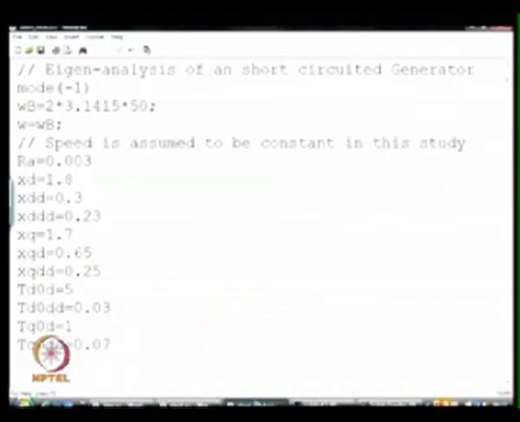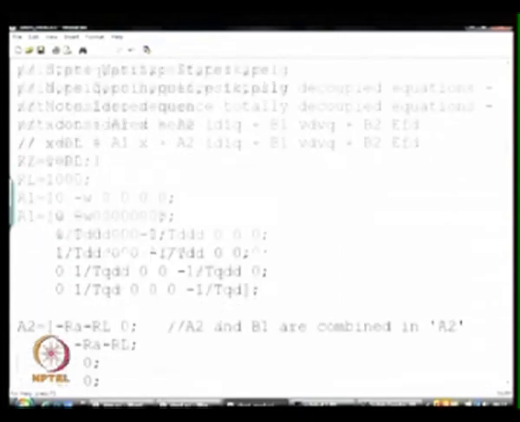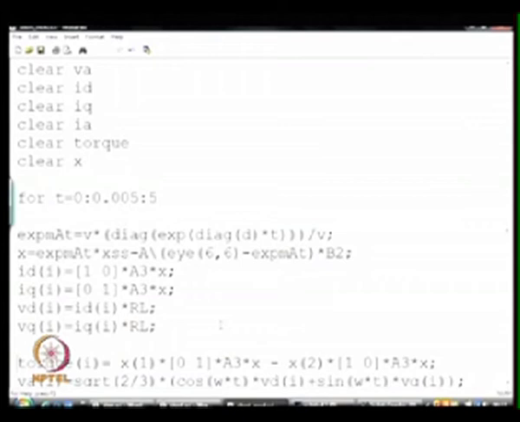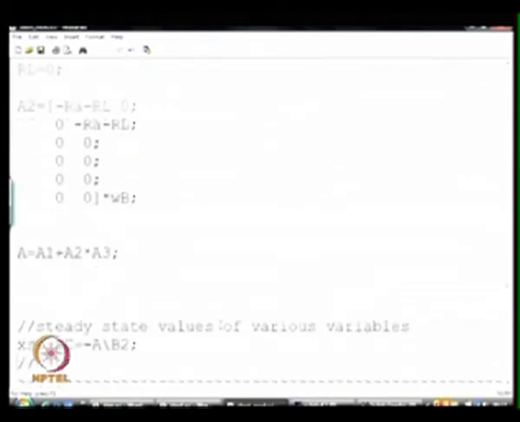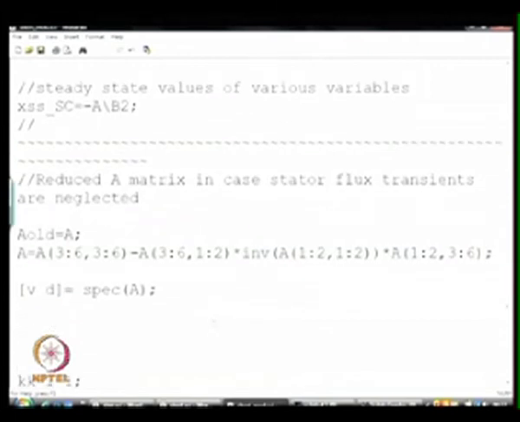It is the same code, except under short circuited conditions. I form a reduced A matrix by neglecting the fast transients. Okay.